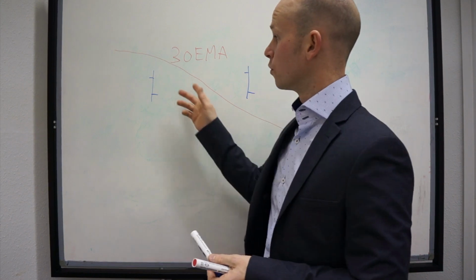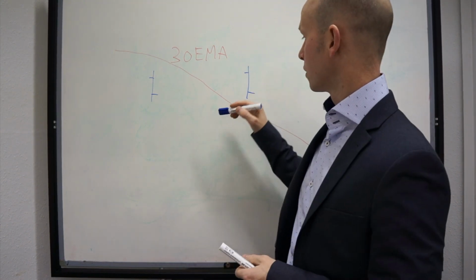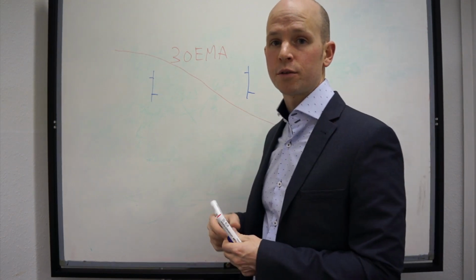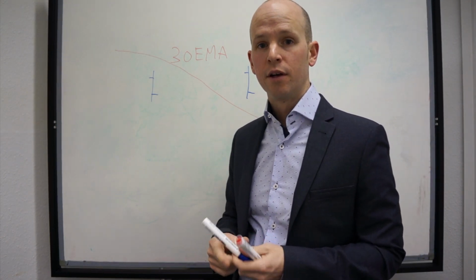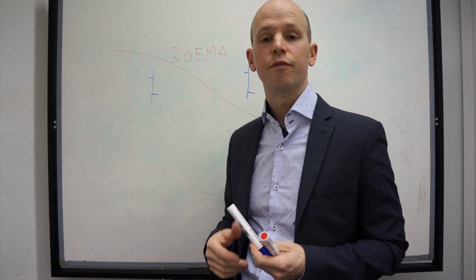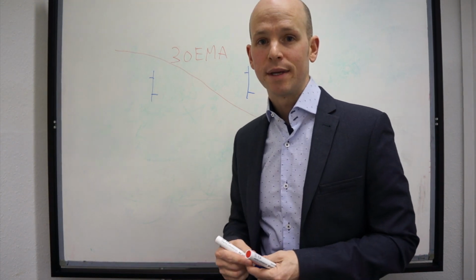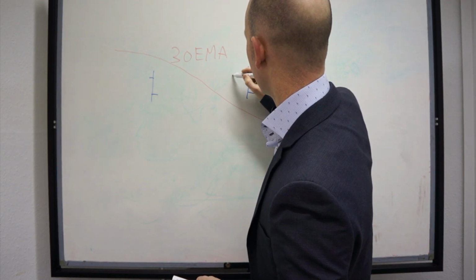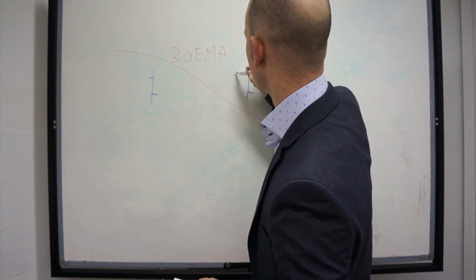So rules to go long, the whole bar has to be above the moving average, and what we're looking for is an outside bar. That's our setup bar on the 240 minute chart.